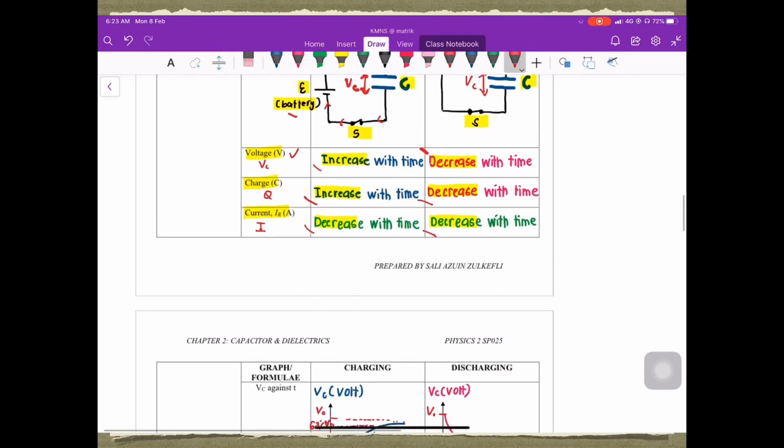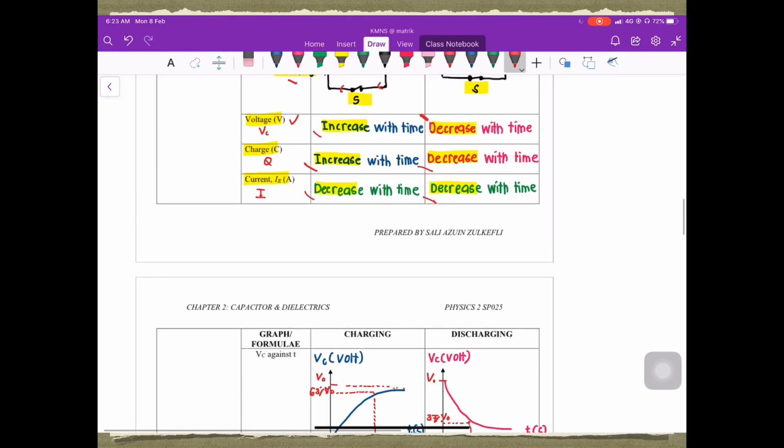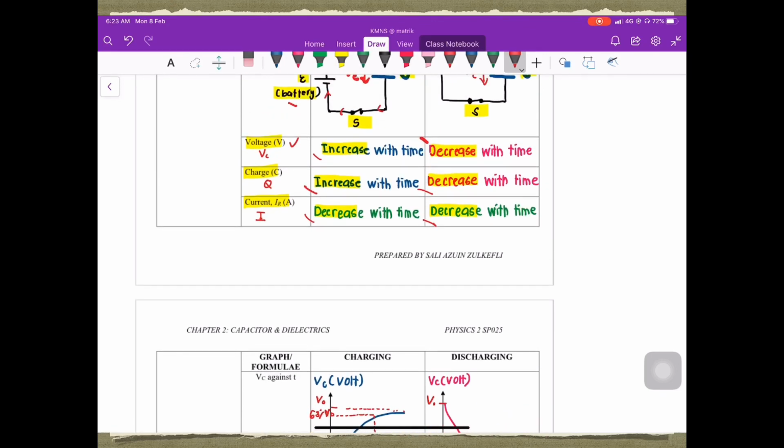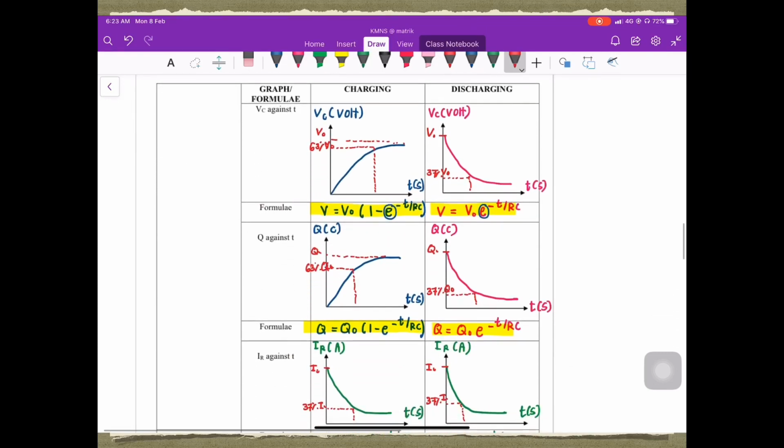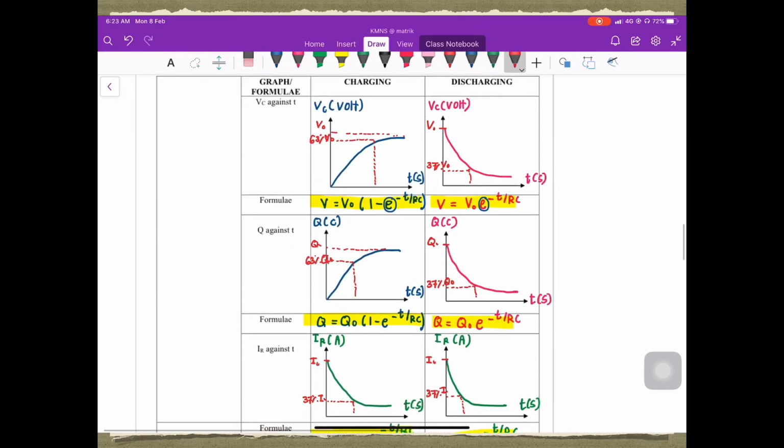From the information on voltage, charge and current, we need to sketch graphs of V-t, Q-t and I-t.